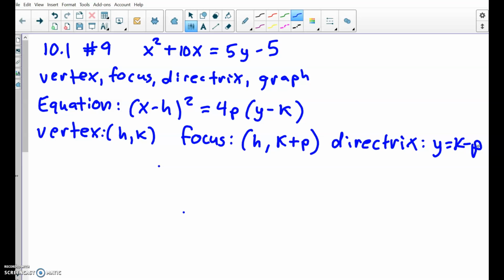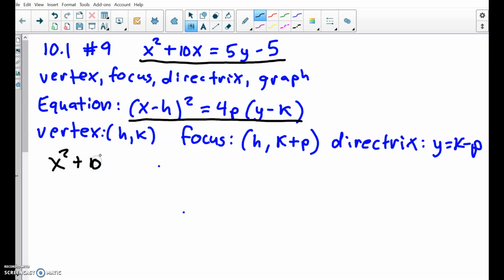The first thing we want to do is complete the square so that our equation looks like this equation. Right now it does not. So on the left hand side we're going to complete the square. So x squared plus 10x is equal to 5y minus 5.